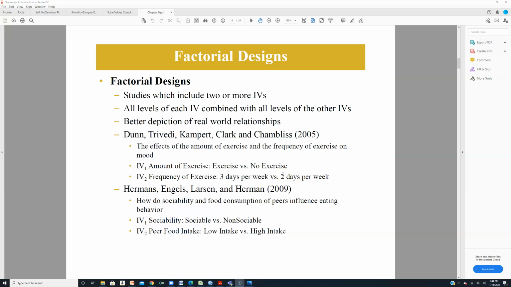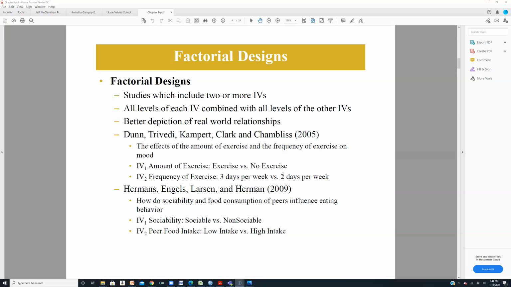Factorial designs can be used when we include 2 or more IVs, and those IVs are now referred to as factors. You can have different numbers of conditions or levels for each factor.